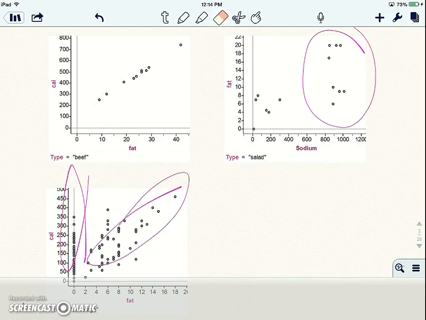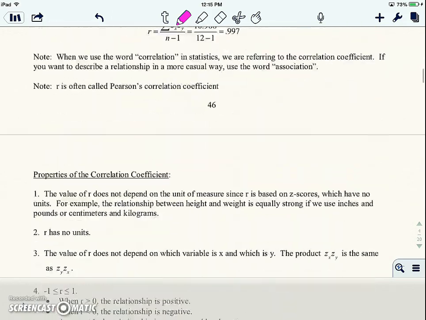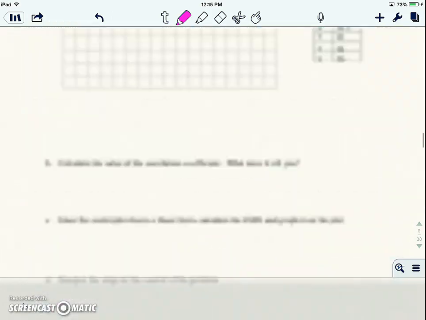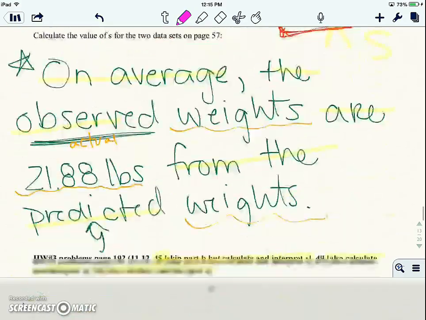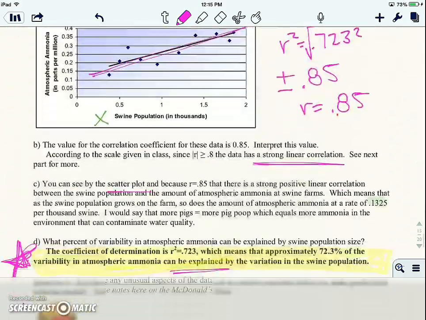Or maybe we have really good data, but then make a point over here that's kind of like an outlier, which would have a lot of leverage. If we were to draw a line in, it would look like this if we didn't have this point. But if we do have that point, the line's going to get moved. So those are things we have to think about. So that covers question 3.